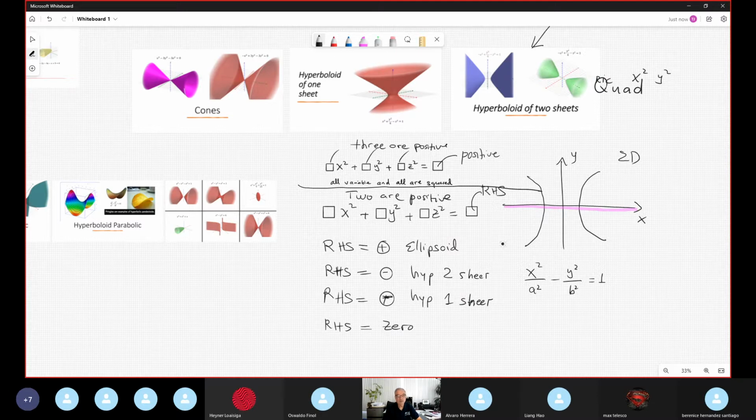Exactly the same equation, but the behavior is determined by the amount of negative numbers, and the right hand side is also 0, no? Also 0. Okay. One negative.